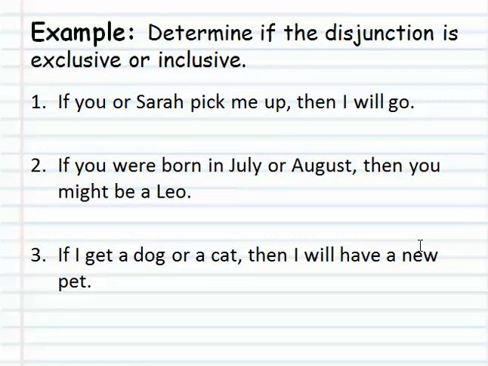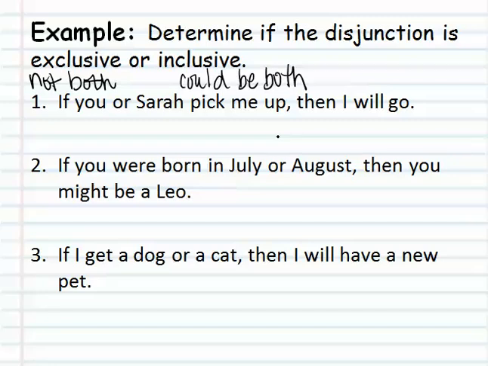So let's look at examples. Determine if the disjunction is exclusive or inclusive. Now, exclusive means not both. Inclusive means could be both. So the first example, if you or Sarah pick me up, then I will go.